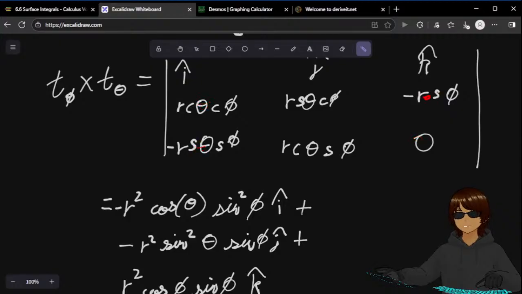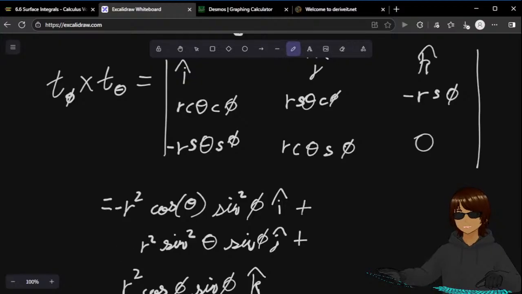Then we do this times this, becomes positive. This times this minus this times this. Actually, no, since it's the middle one, it's minus this times this plus this times this. But if it's a plus, then this should be positive.